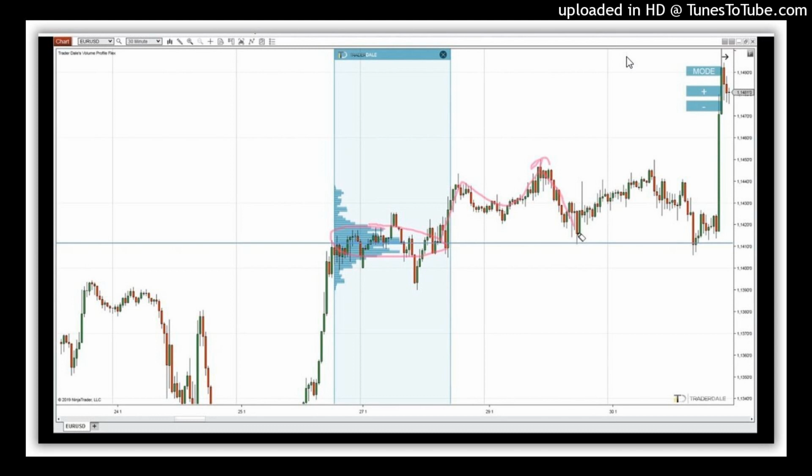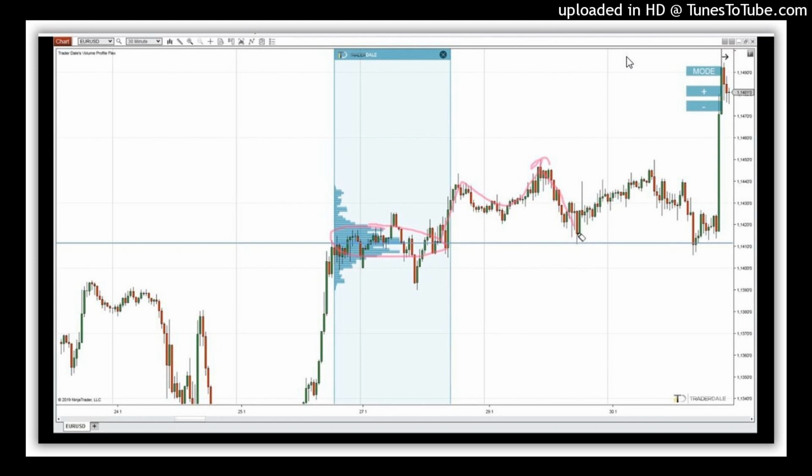Another example of the volume accumulation is in here. There's a rotation followed by a strong buying activity. But what I don't really like is that those volumes created within the rotation got sort of tested with this candle right there.